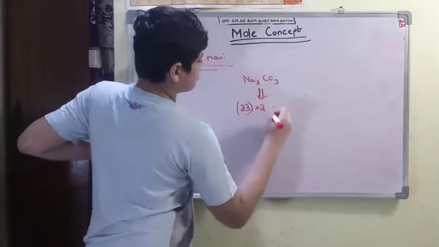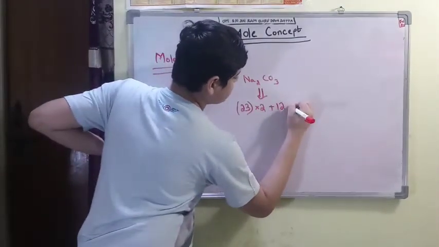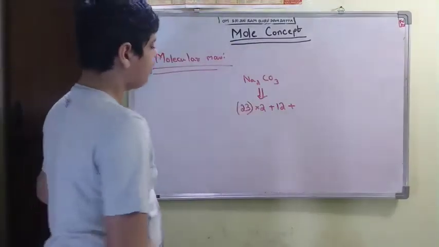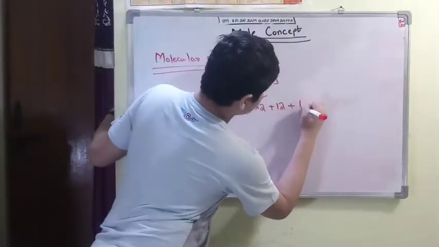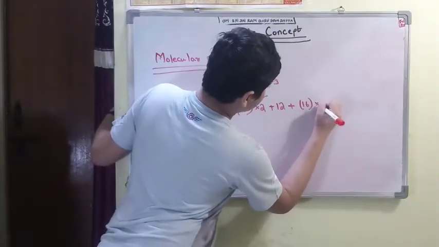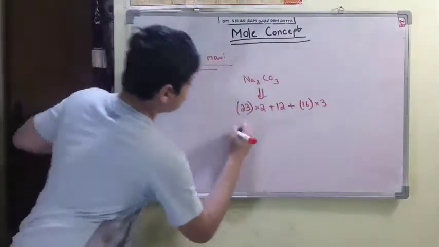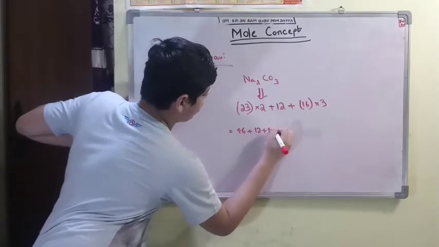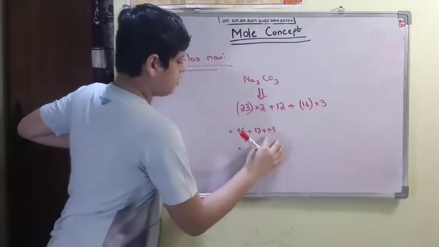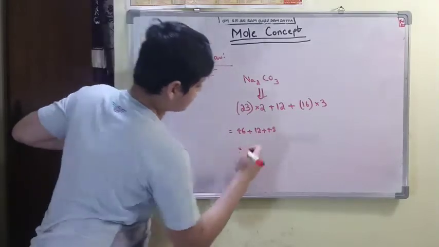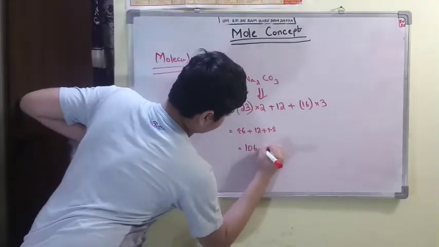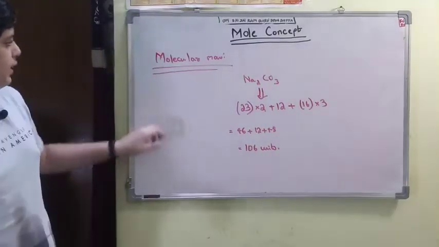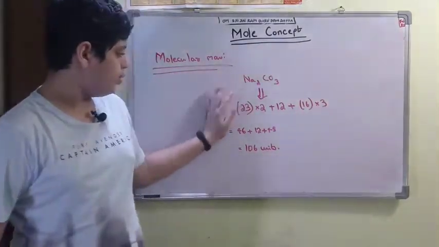Then the mass of 1 carbon atom is 12. Then the mass of 1 atom of oxygen is 16. It is multiplied by 3 as 3 atoms. So it will be 46 plus 12 plus 48. So this will be 60 and this will be 46. It will be 106 units. Okay. So this is the molecular mass of Na2CO3 in units.